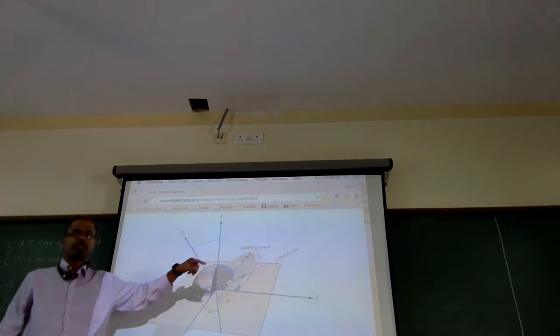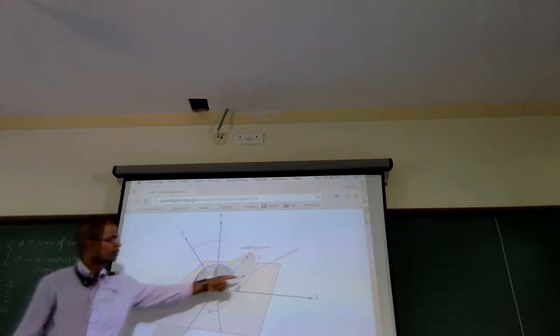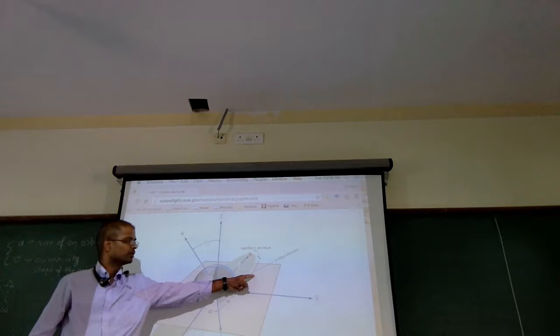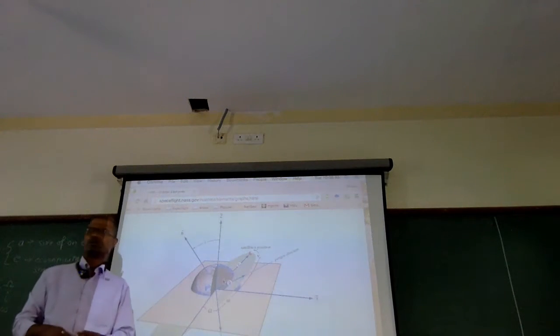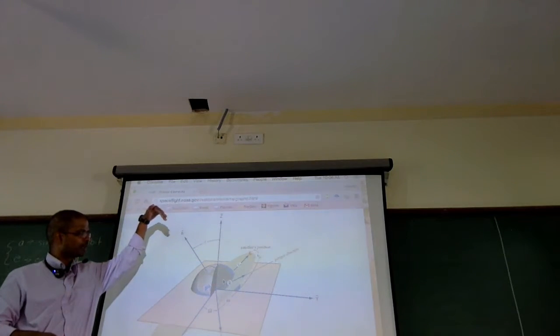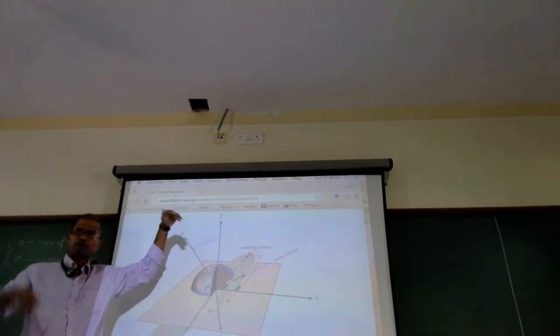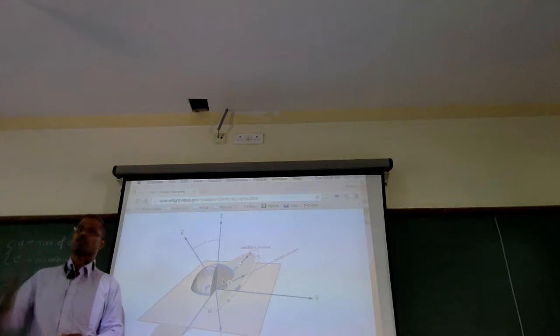The reason for that is, by looking at this arrow, you can see that the motion is this way. If you're standing on the North Pole, the motion is anti-clockwise.